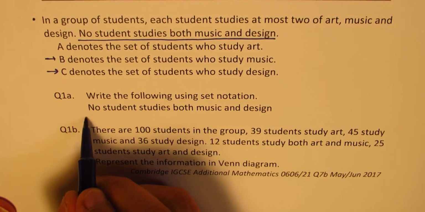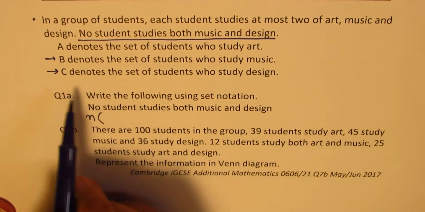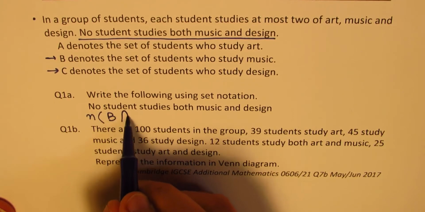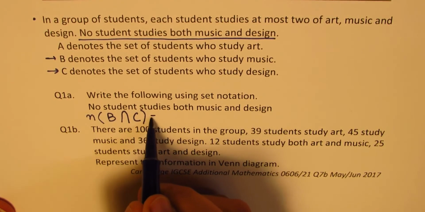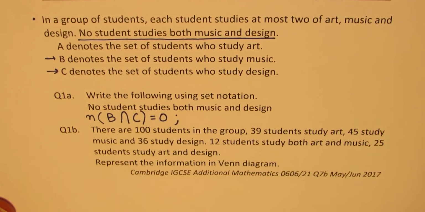So one way is we can write that the number of students in music and design, B intersection C, is equal to 0. That is one way of saying it, where 0 means none in this case. But you could also write phi, which means nobody is there in this set.